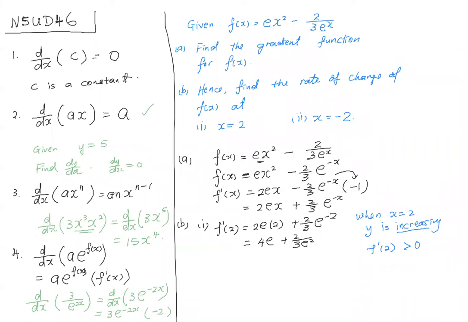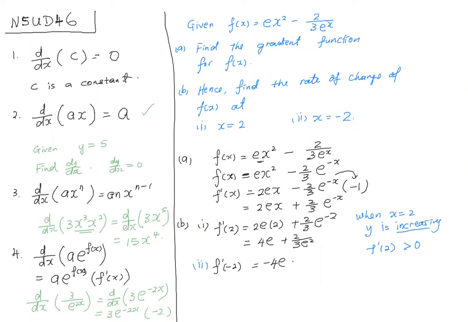So for part 2, we must know how to interpret the value of the gradient. How about the second part, f prime negative 2? So the answer is negative 4e minus 2 over 3e squared.